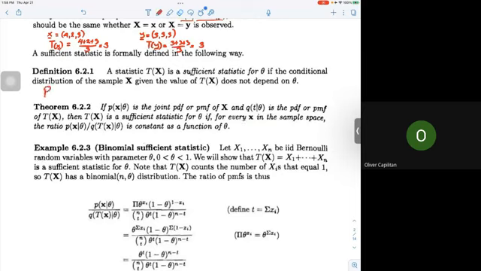So dito, the probability that this random variable x is equal to this observed sample small x given the value of our statistic, say equals to small t, with respect to our parameter theta, it does not depend on theta, so this conditional probability will be equal to 0.